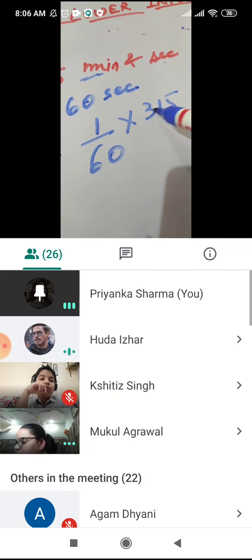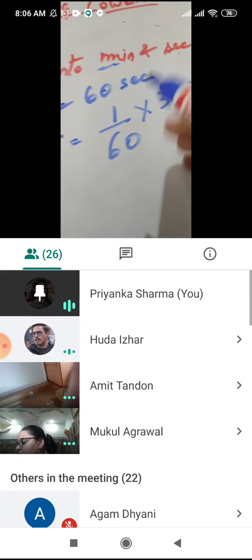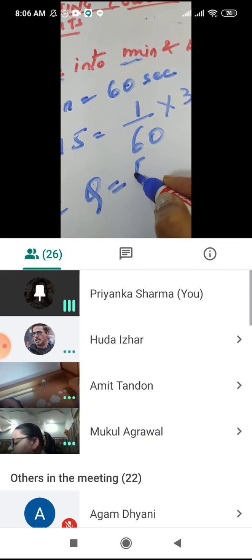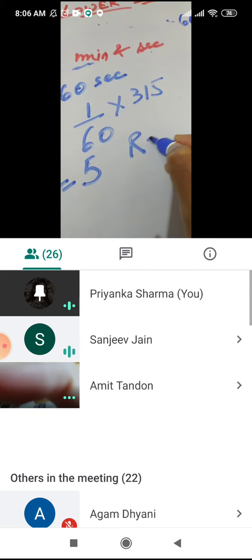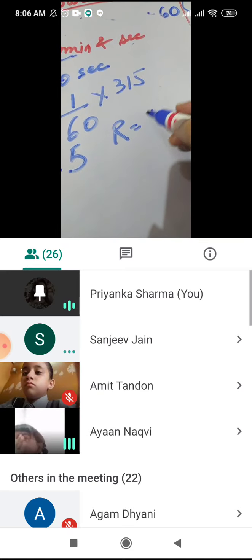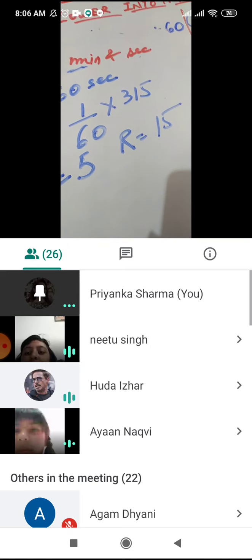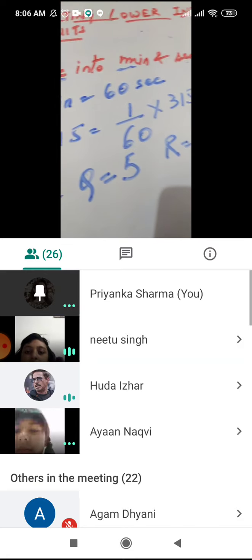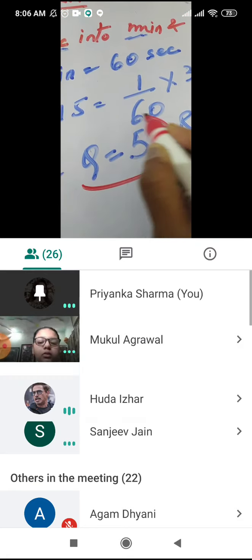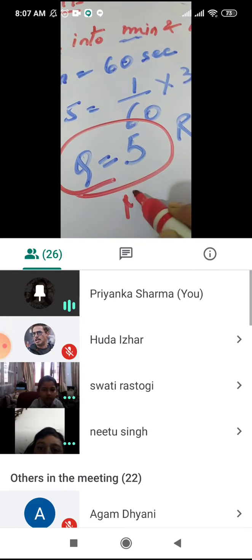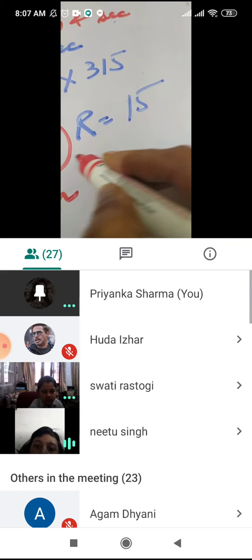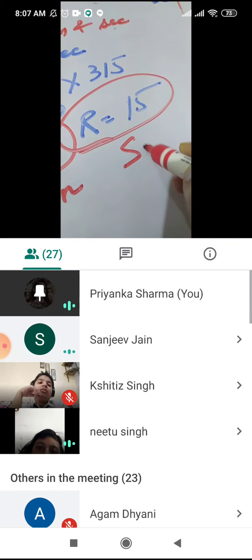Okay. Then we will divide these numbers. What will we get? The quotient we will get is 5, and the remainder we will get is 15. One thing you have to keep in mind: the quotient is the minutes, and the remainder is seconds.